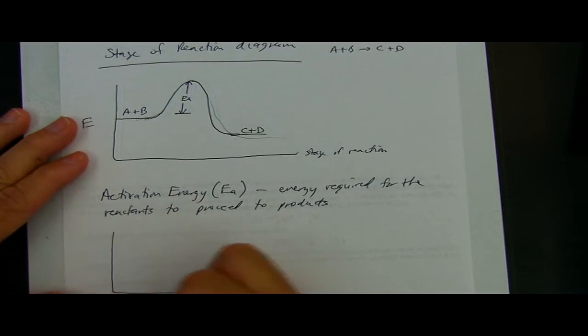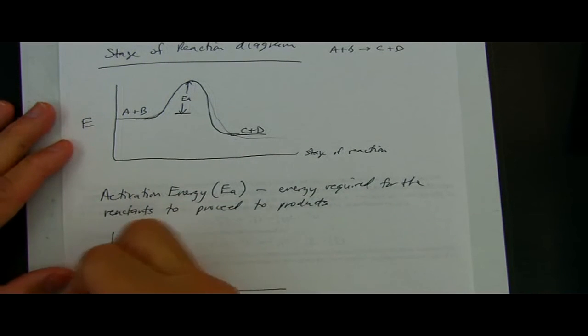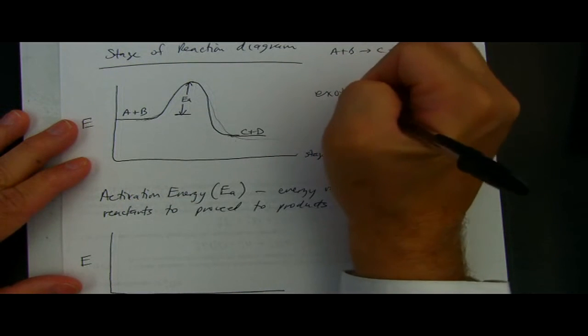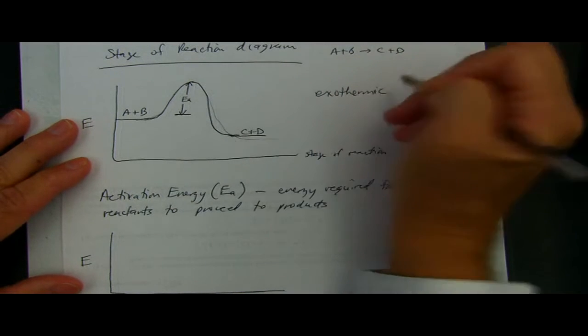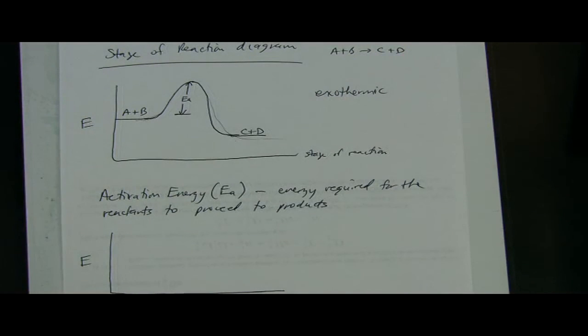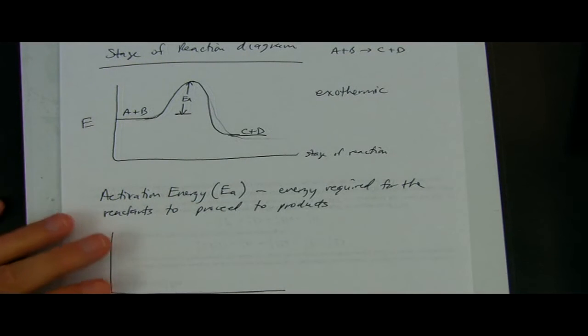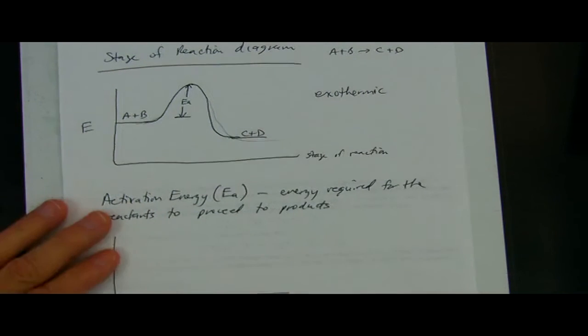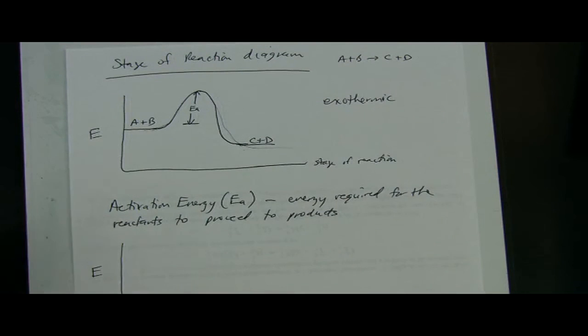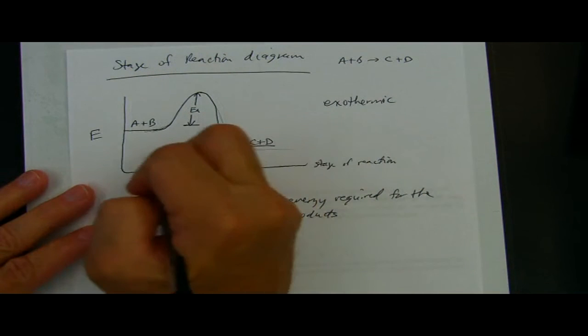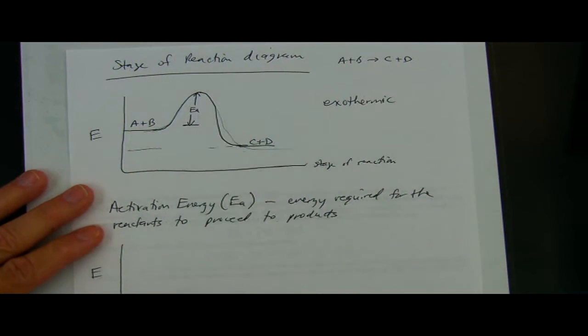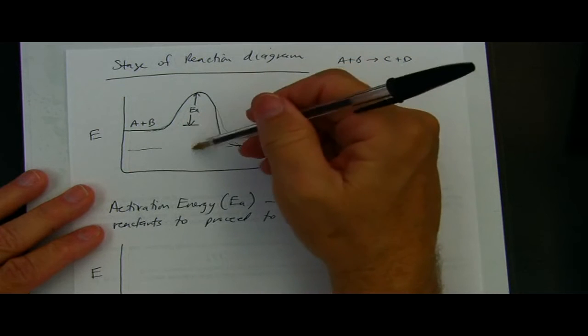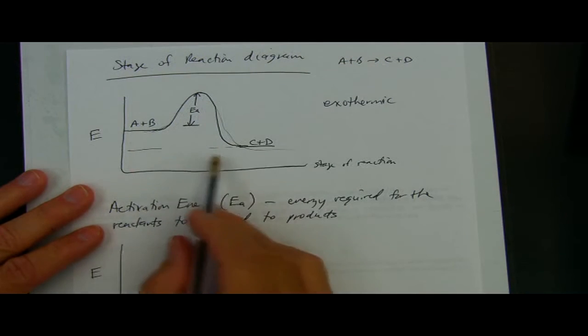This is an exothermic process, so what is the value of delta H or delta E in that diagram? It's going to be a negative number. We would show that as C plus D minus, it would be E sub A plus that distance all the way down there.